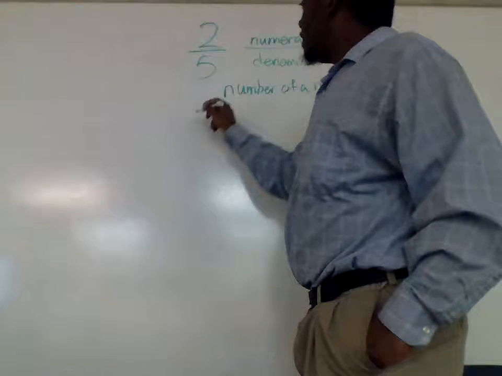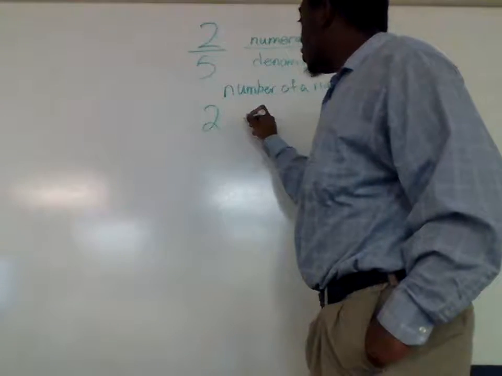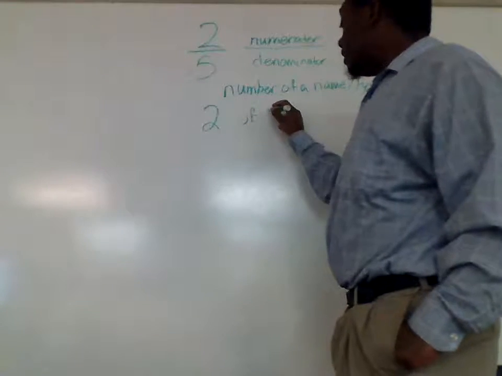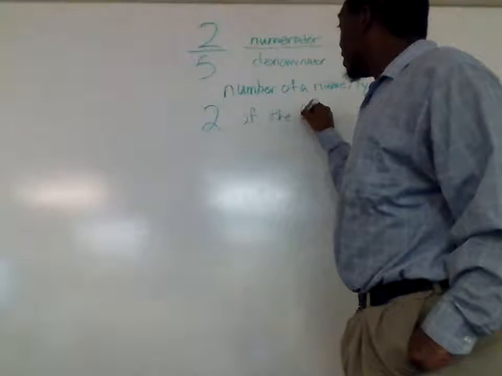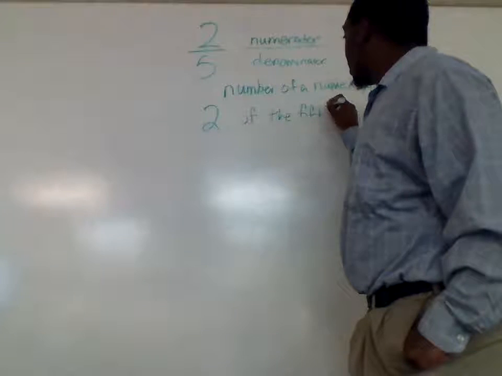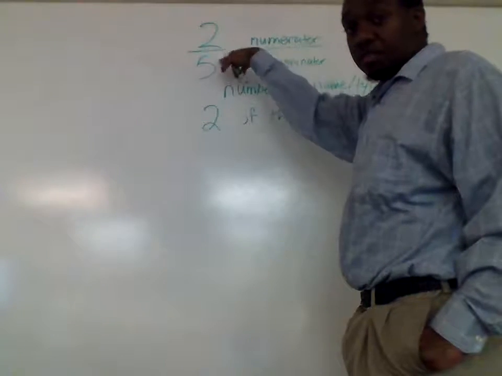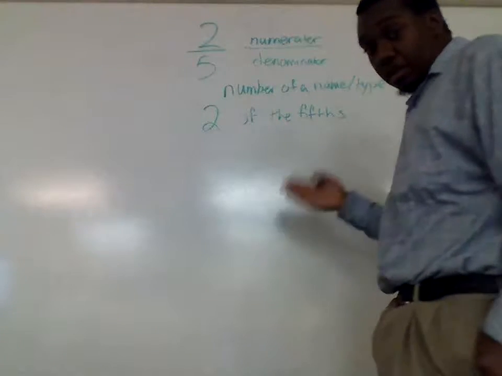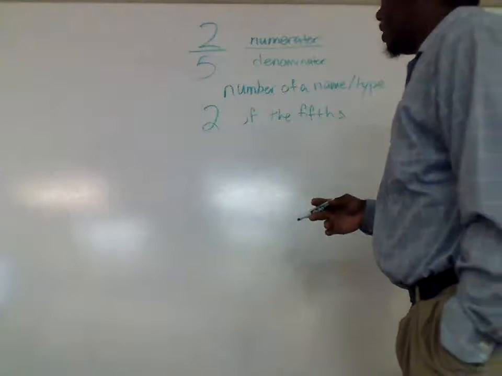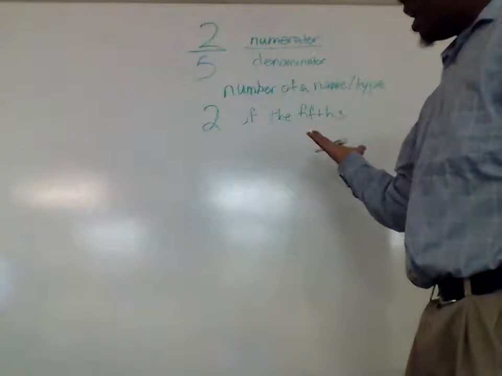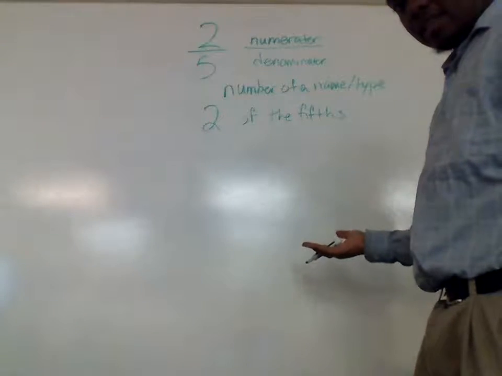So 2/5 is really 2 of the fifths. Right? Because we have how many fifths? We have 2/5. Right? And that's why you read it that way. And that actually helps understand how we're going to have to add these things together.